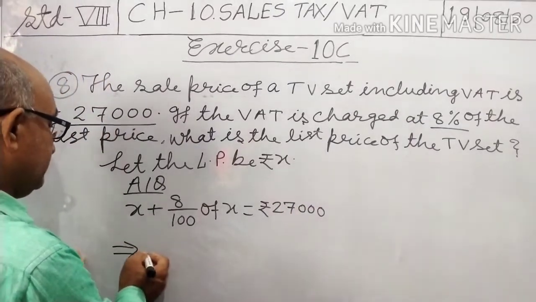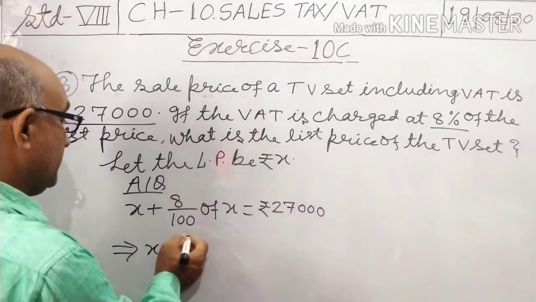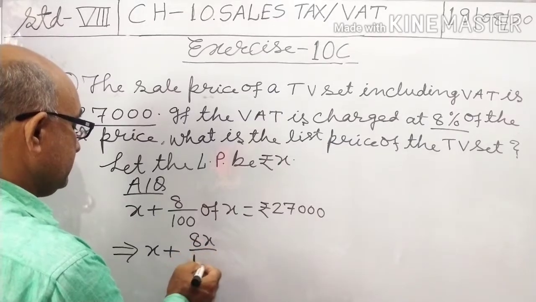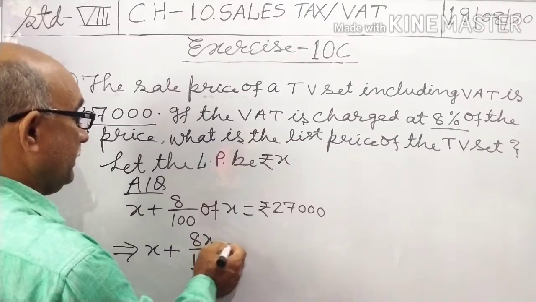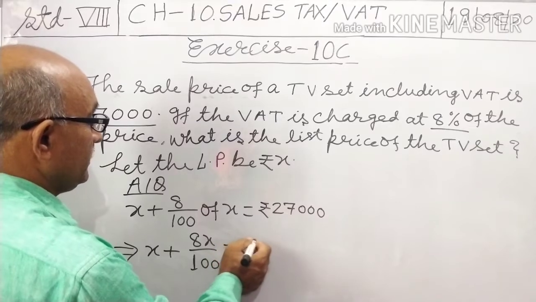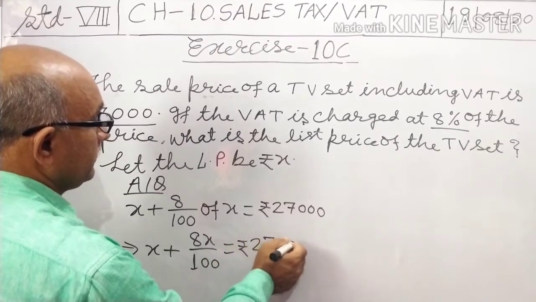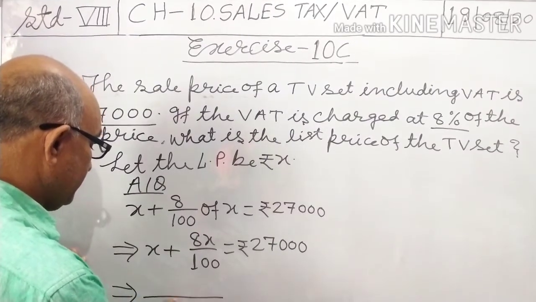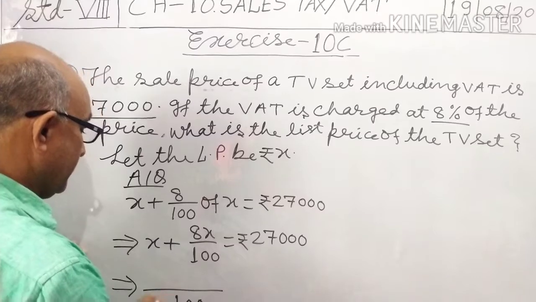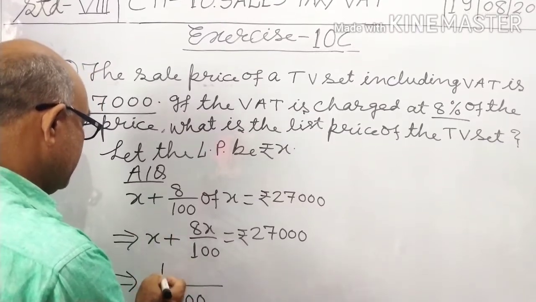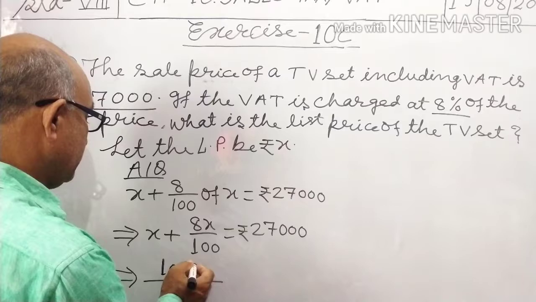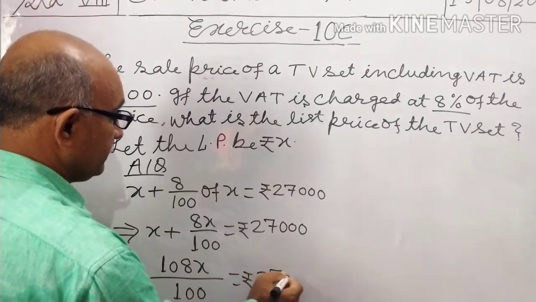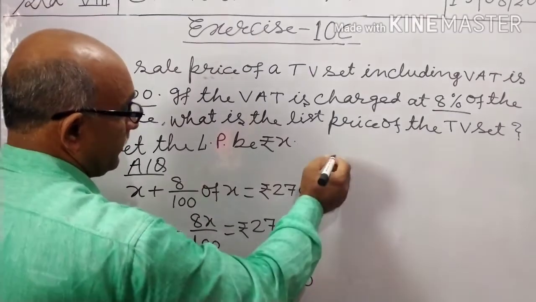That implies X plus 8x by 100 equals rupees 27,000. That implies, taking LCM of 1 and 100 is 100, 100x plus 8x equals 108x equals rupees 27,000.